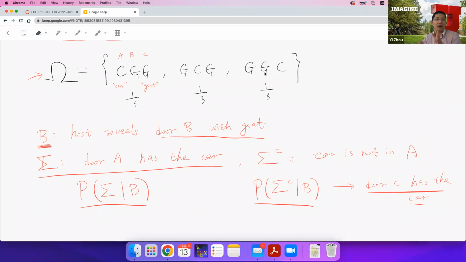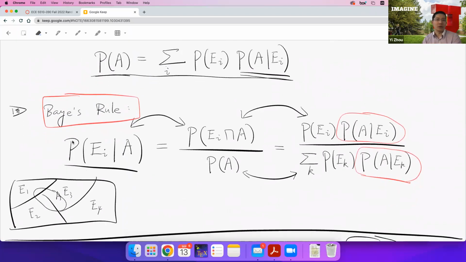They are mutually exclusive, and their union forms the entire omega. So sigma is one of these partition events. So we are looking at the probability of the partition event conditioned on some event of interest. If you go back to the Bayes rule, we are exactly talking about the probability of each partition event given the event of interest.